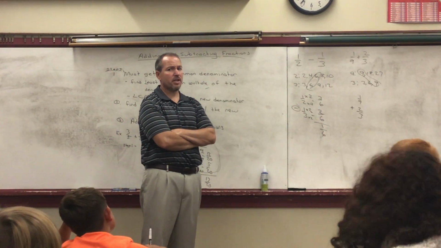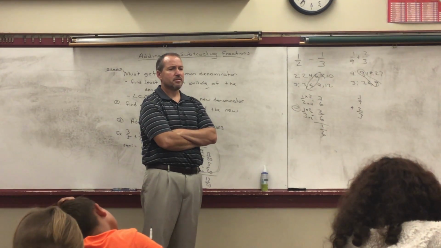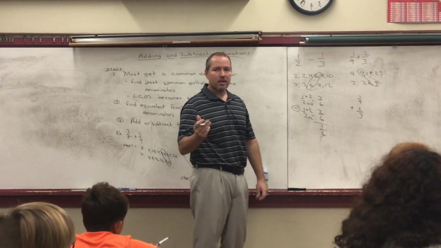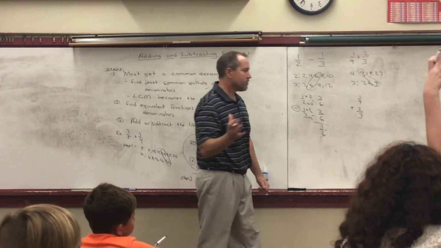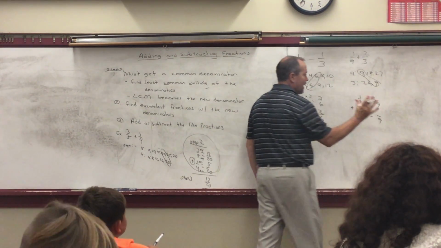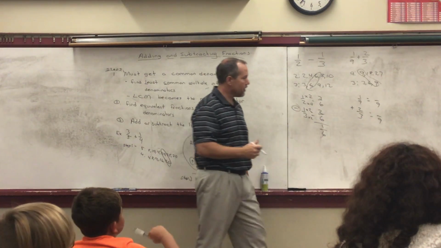Check your multiplication here. I don't think your multiplication's right. That means your answer's not right. Eyes up here. What's our denominator going to be? 9. So equals something over 9. Everybody have that?